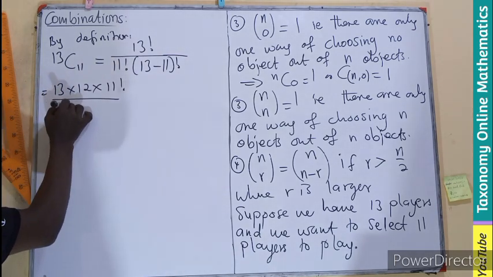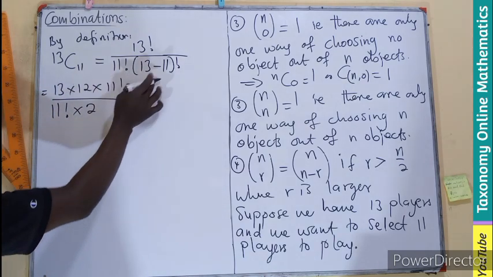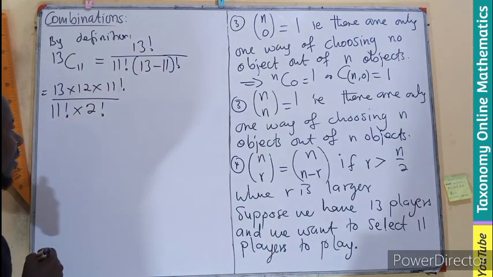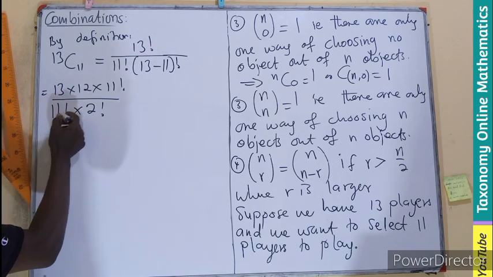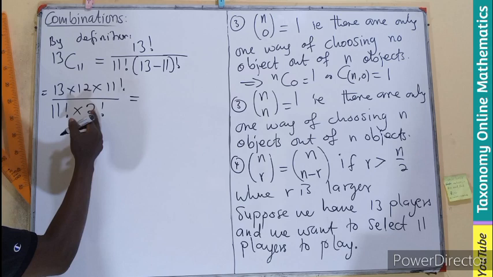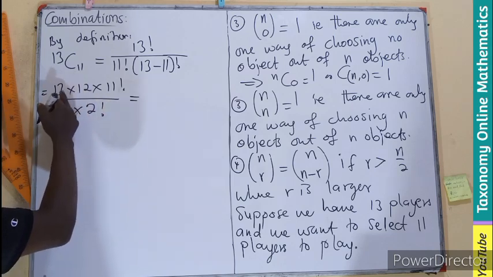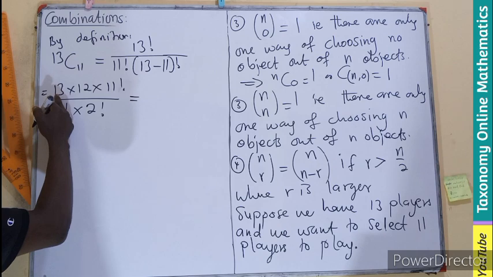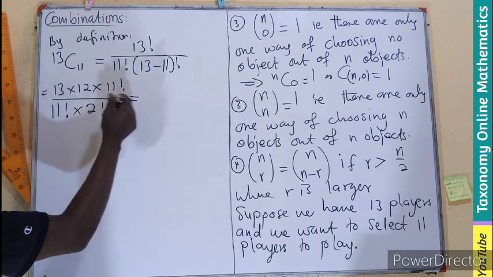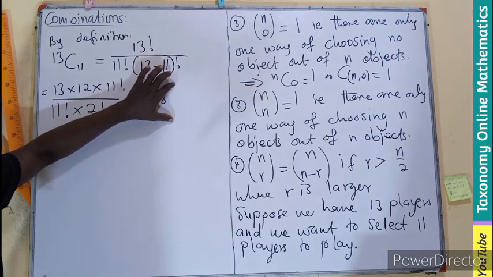Then I have 11 factorial times here, it will be 2 factorial, right? If we check this 11 factorial, we cancel this 11 factorial, then you should be left with what? 2 factorial, which is 2 times 1. And that 2 goes here, 6. 6 will multiply this as 60, 78. That is by definition, if you are to expand it.